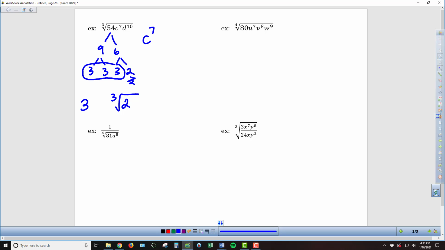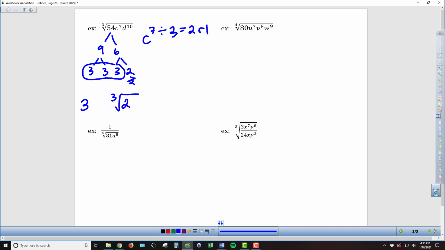So I've got c to the 7th, and I'm going to divide that exponent by 3. Unlike the previous examples, it doesn't divide in evenly, but that's fine. 3 goes into 7 2 times with a remainder of 1.